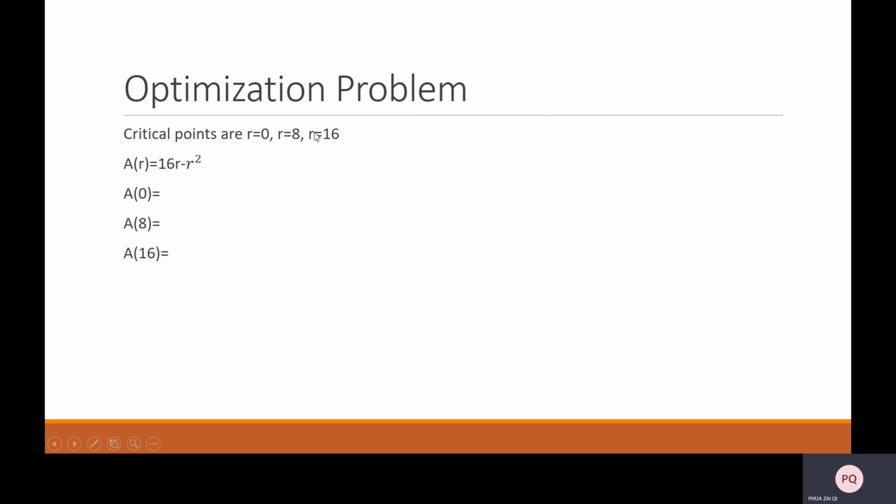Substituting the r values back into the area function, we will know the maximum area. The things we need to calculate are the area when r equals 0, the area when r equals 8, and the area when r equals 16.